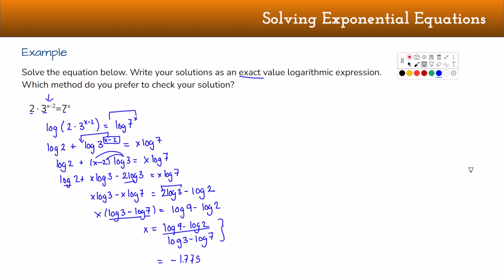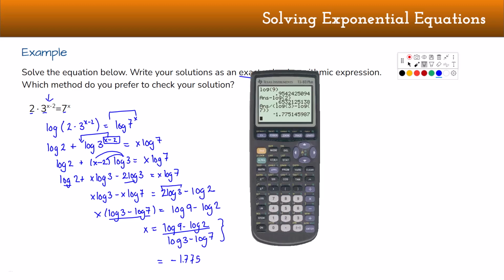approximately. At this point, I'm going to go back into my calculator and put in the left and right hand side of this equation. So I'm going to say 2 times 3 to the x minus 2 in brackets. And then on the right hand side, I'm going to have that 7x right here.